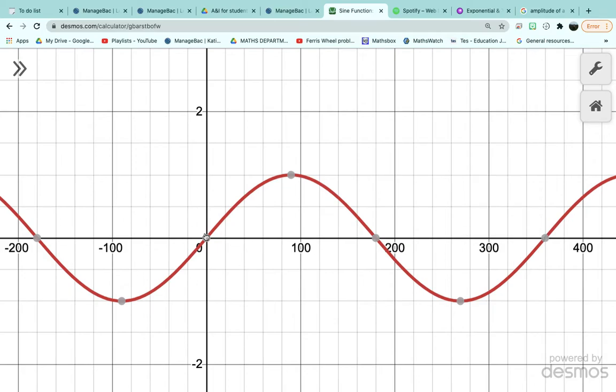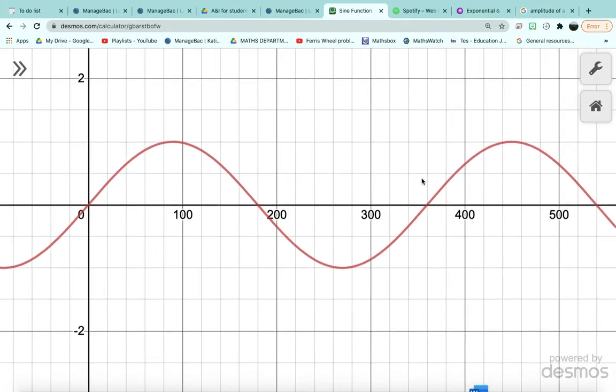So if we start the process here, it goes up to the maximum, down back to the original y value because it's returned back to y being 0, then down to the minimum where y is now -1, and then back to the original y value of 0. That is called the period. And the period, half a period is 180 and a full period is 360. This axis is in degrees. You do not need to study this in radians.